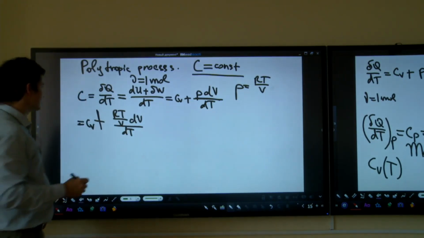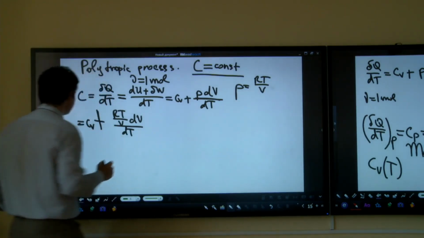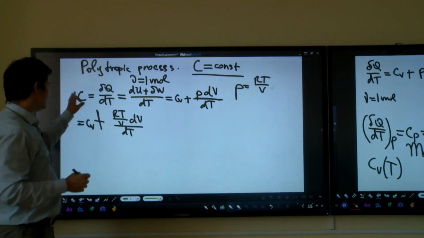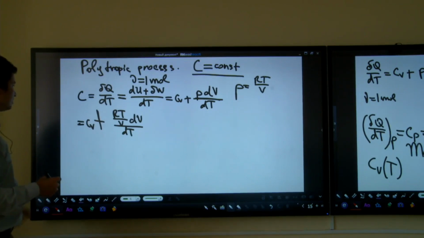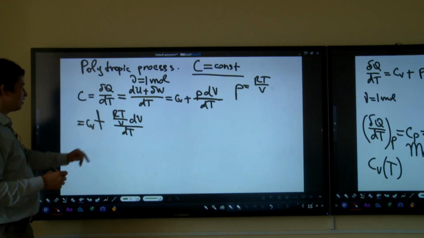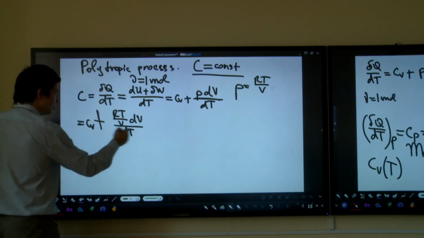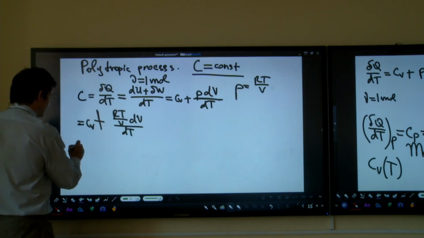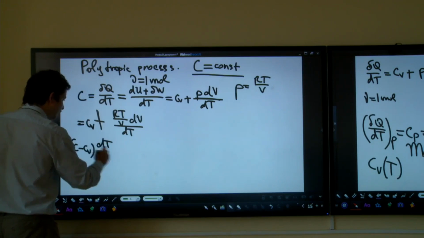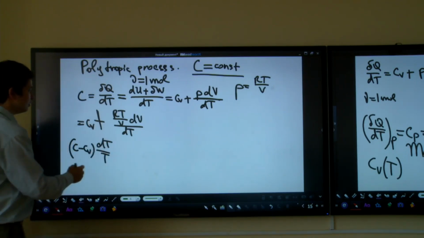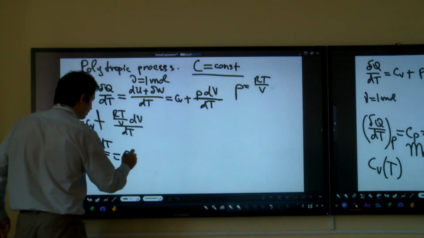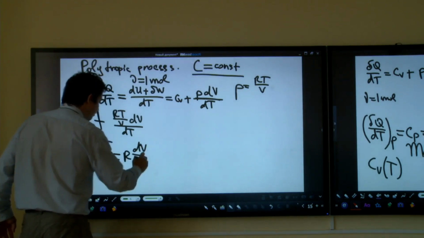Good, and this is all equal to C. So from this equation, I get (C minus Cv) dT over T equals R dV over V.